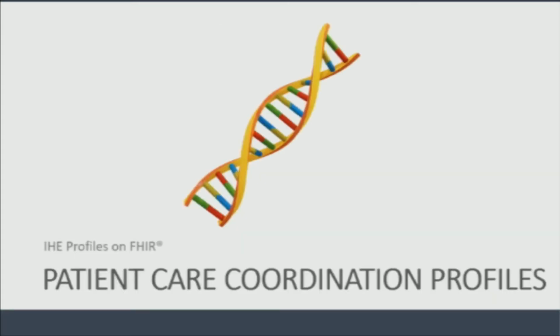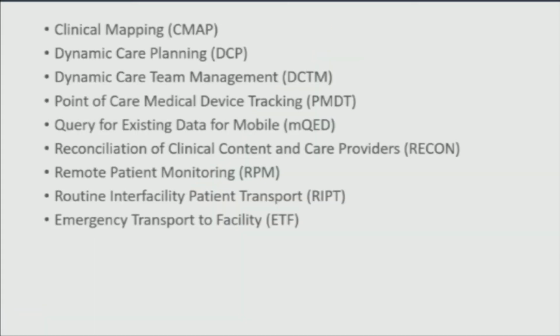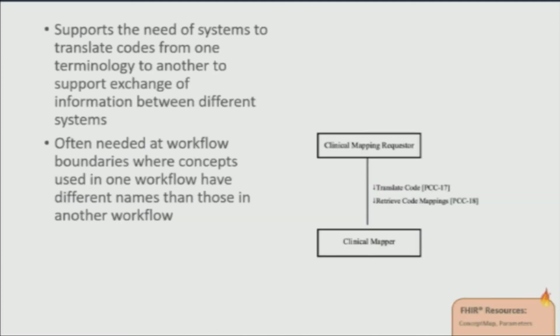That's it from radiology. Patient care coordination is the one that does most of our EHR-based ones. They have a laundry list. Some of these are in process, so I don't have a whole lot of details. Clinical mapping support is basically a terminology lookup profile.